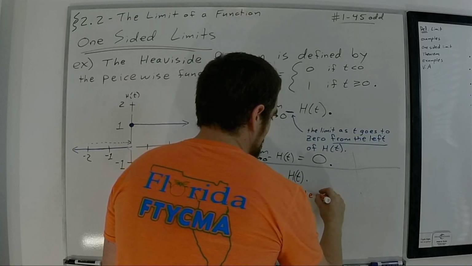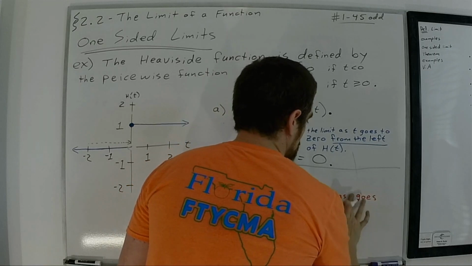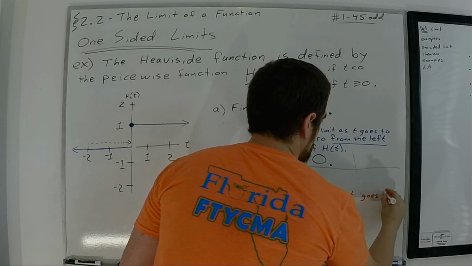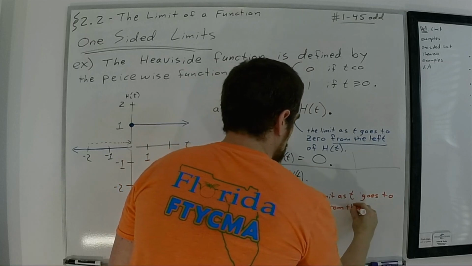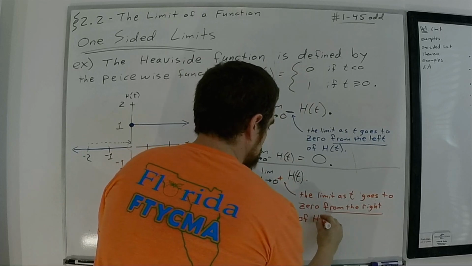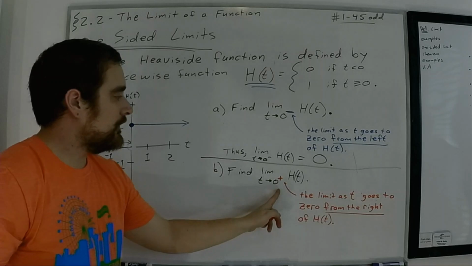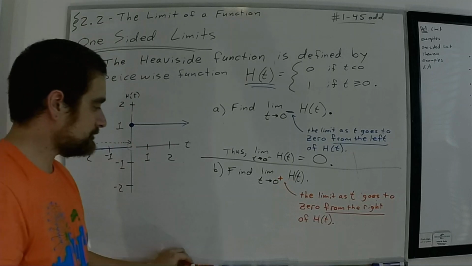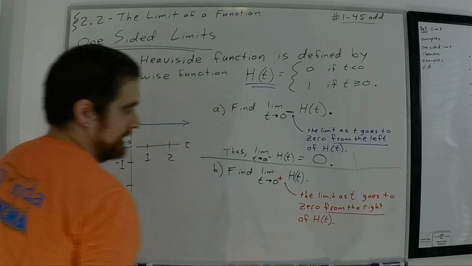The way we really read that is the limit as t goes to 0 from the right of h of t. All right, so we want to find the limit as t goes to 0 from the right of our Heaviside function h of t. So that's how we would say that. We'd have to throw that extra little from the right in there.